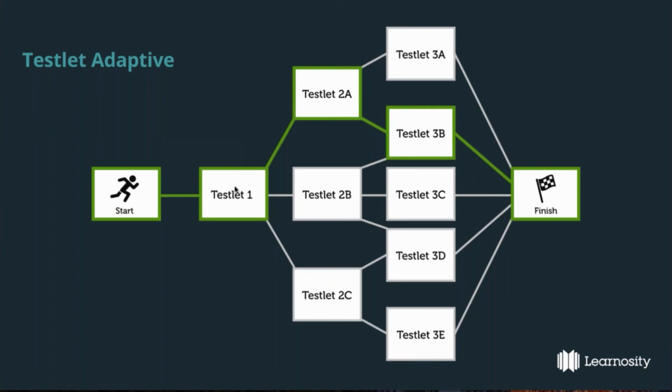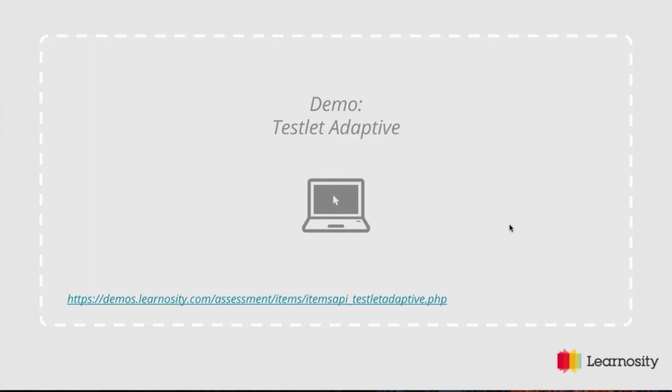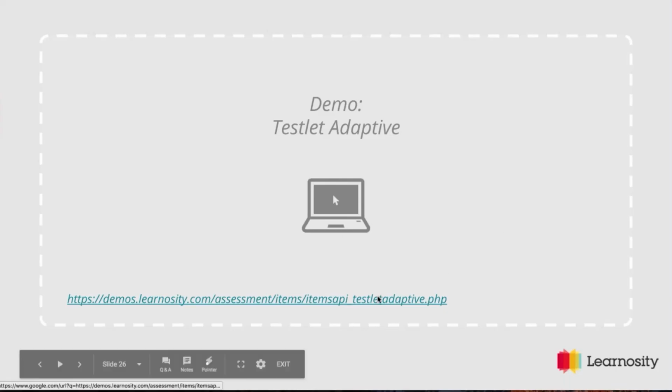The testlet selection algorithm, based on the ability and difficulty level assigned to the testlet, might select this testlet. The student might go through those 5 or 6 questions. It might then select this testlet and then conclude. So we can show you where the decision-making process is at the testlet level.